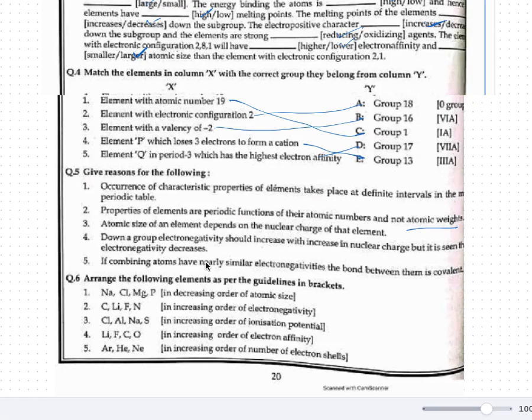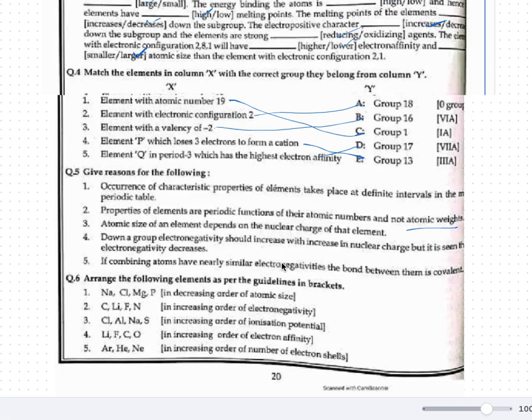If combining atoms have nearly similar electronegativities, the bond between them is covalent. Yes, correct. Between similar electronegativities, the bonding is always covalent. The reason is, if they have the same electronegativities, nobody wants to give their electrons. As long as nobody wants to give their electrons, donating and accepting cannot happen.